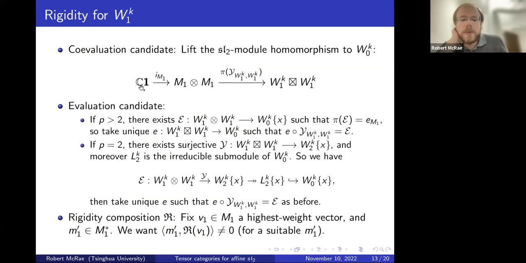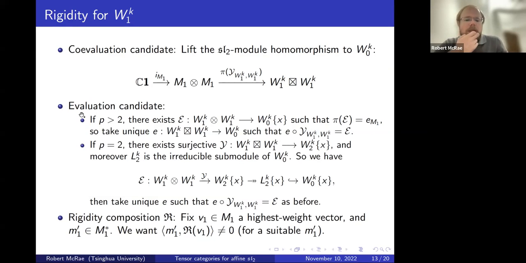So that gives us a map from basically some vacuum SL2 module going into this tensor product module, and then the universal property of induced Weyl modules shows that this SL2 homomorphism lifts to an SL2 hat homomorphism from the Weyl module WK0 going into this tensor product module. So that's basically the easy part.